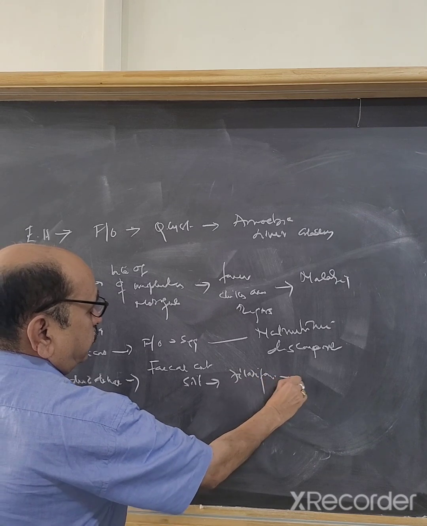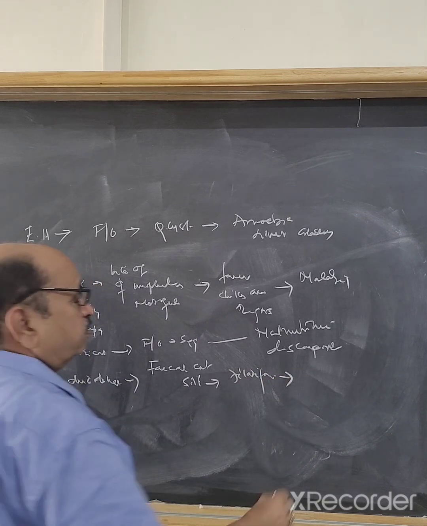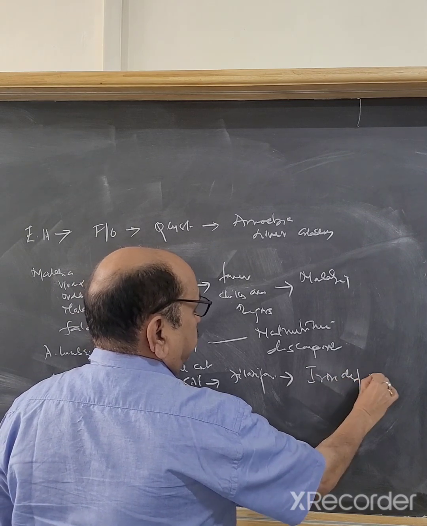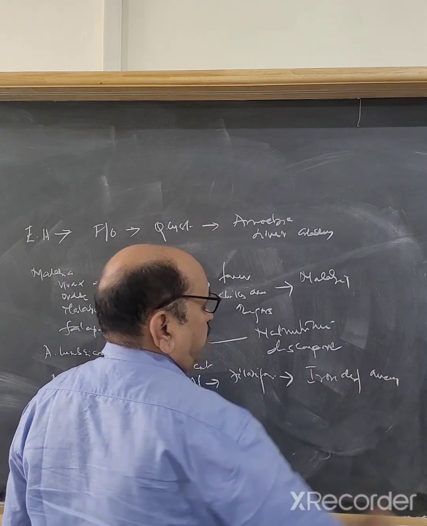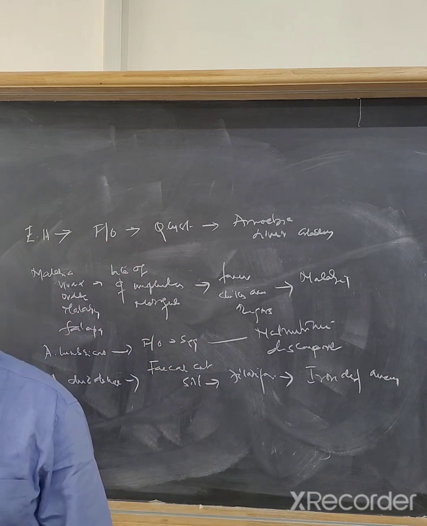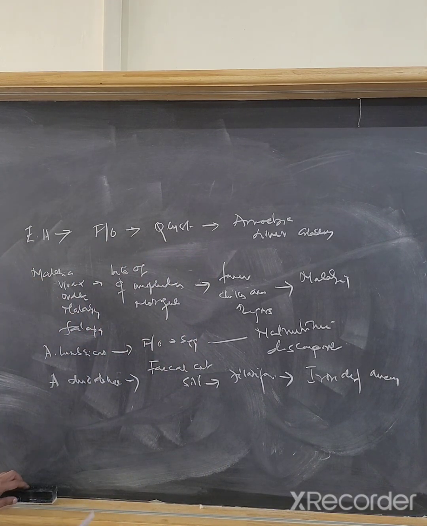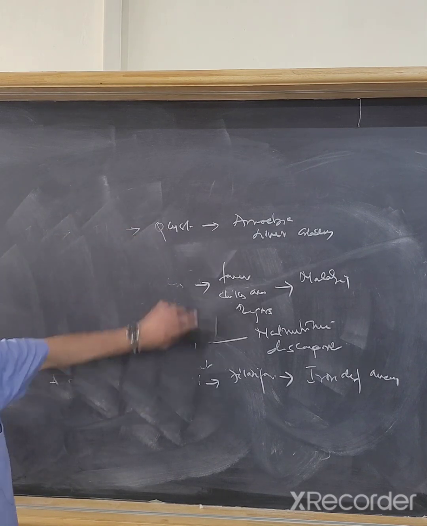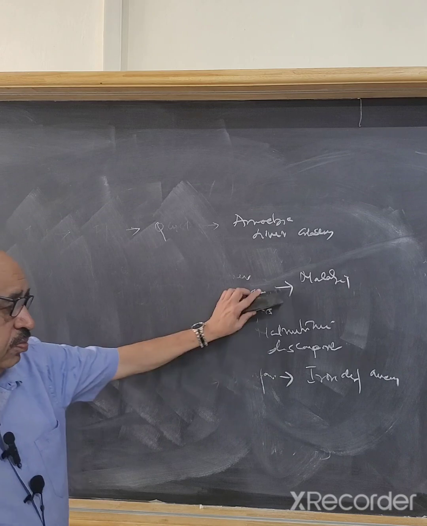The filariform larva enters and gives rise to iron deficiency anemia. Okay, these are the important helminths and parasites you should know.